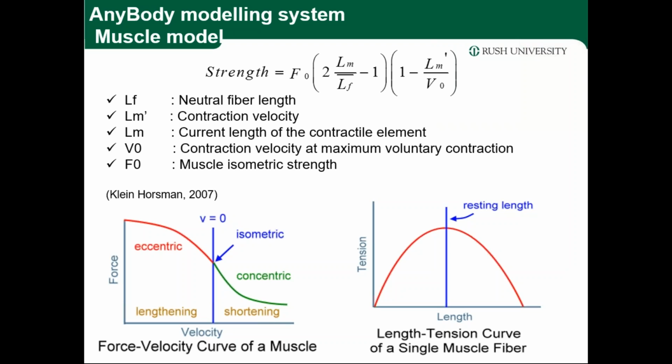You can choose to reduce or increase, for example, neutral fiber lengths or the contraction velocity and see how your gait will respond to any source of muscle impairment. But for this study, we have decided to simulate muscle weakness. So we are reducing the strength through a reduction in the muscle isometric strength parameter, or F0 in this equation.